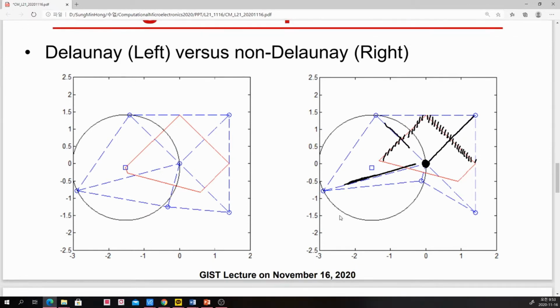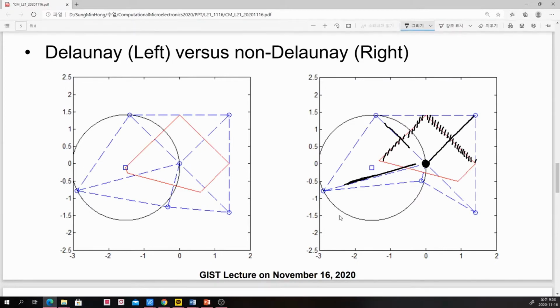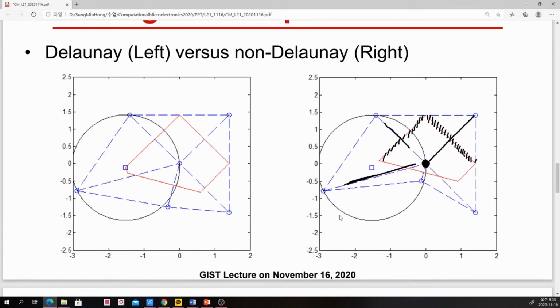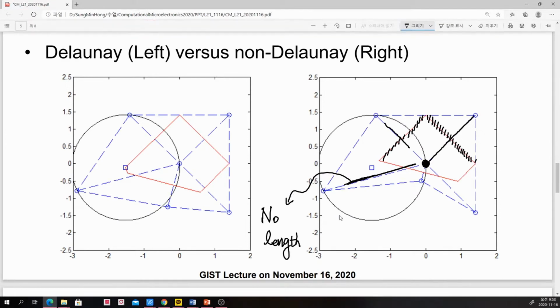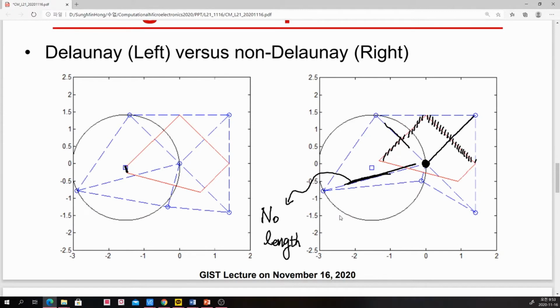Can you find any length corresponding to this edge? My question is, there is no length corresponding to this edge. Previously, we had, although small, a certain length assigned to this edge, but we have no length now.